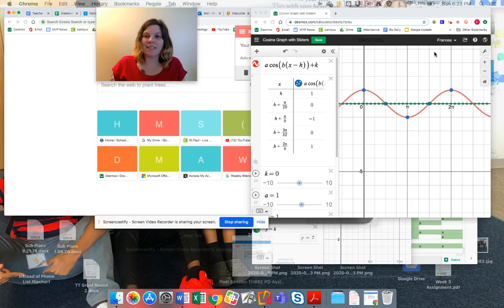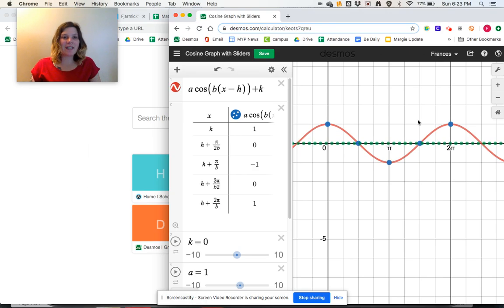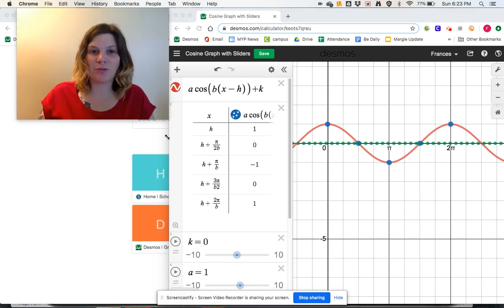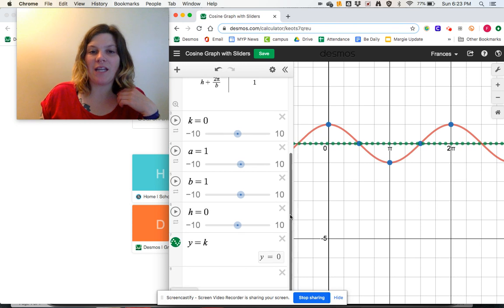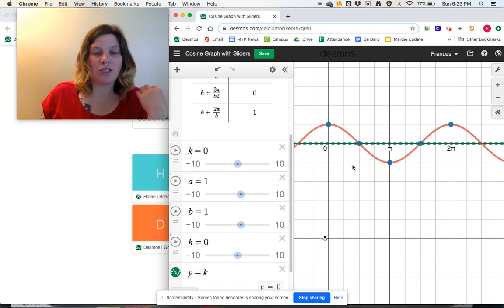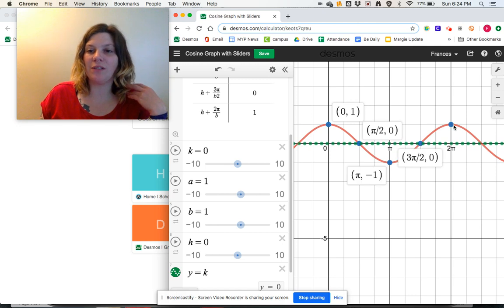All right, let's take a minute and look at the website that I created for you guys to use. So this is just coming in. If you didn't look at this last week, just so you know, we have the K, the A, the B, and the H values all written out here. And then these 5 blue dots are the 5 key values.